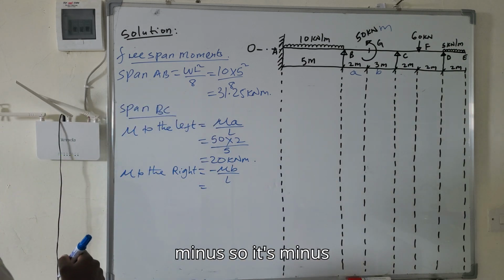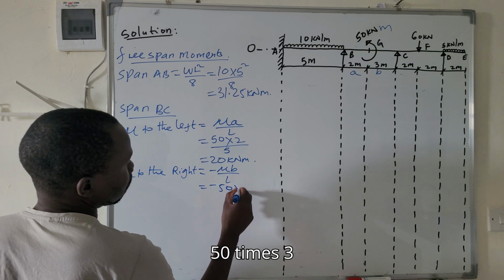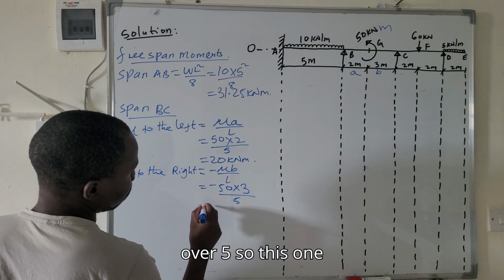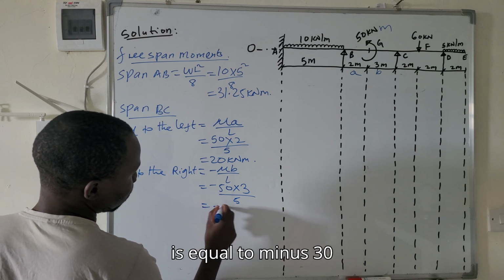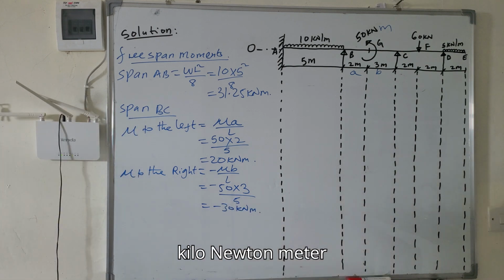So that one will be minus. So it's minus 50 times 3 over 5. So this one is equal to minus 30 kilonewton meter.